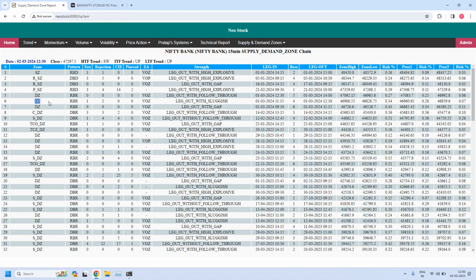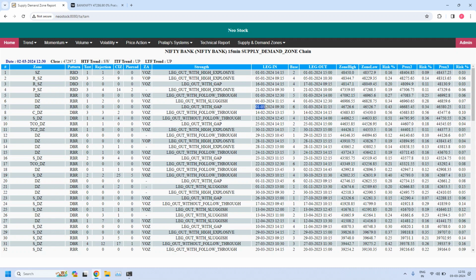Let us focus on this demand zone, because at this point the rejections made me interested. Even though this is a normal zone, who knows, maybe in future this may be a new high liquidity zone. I'm just telling you. But some rejections, an interesting area we should observe.